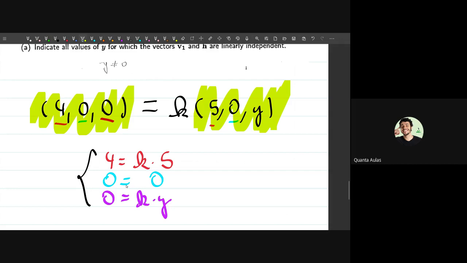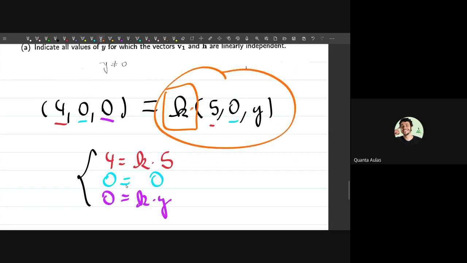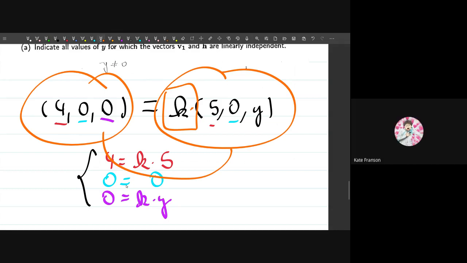If I put 0 here, I just need to control the value of k to obtain this vector, right? If y is 0. But if y is not 0, it's impossible to control k in this multiplication to obtain this.